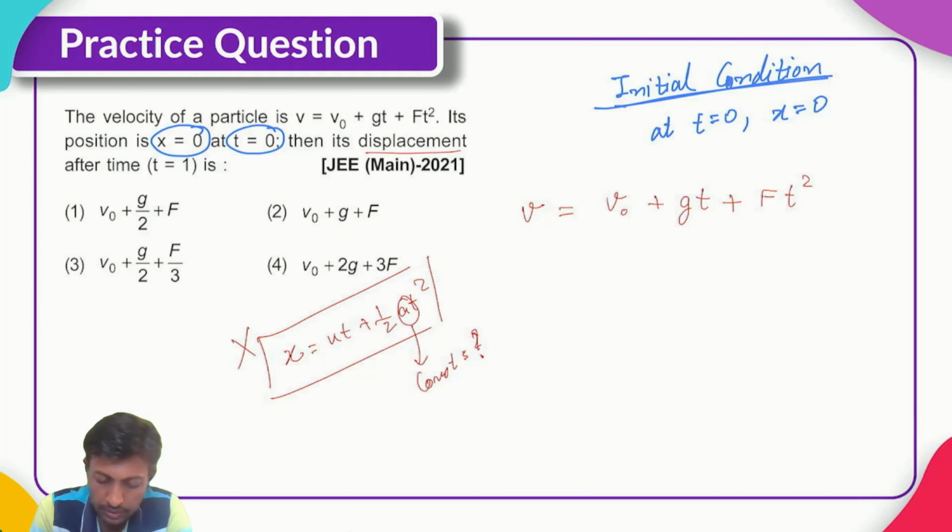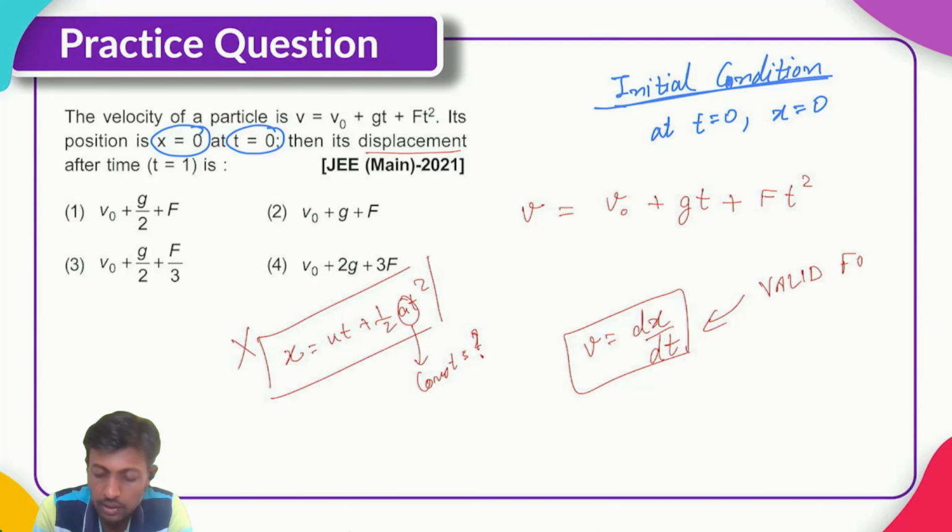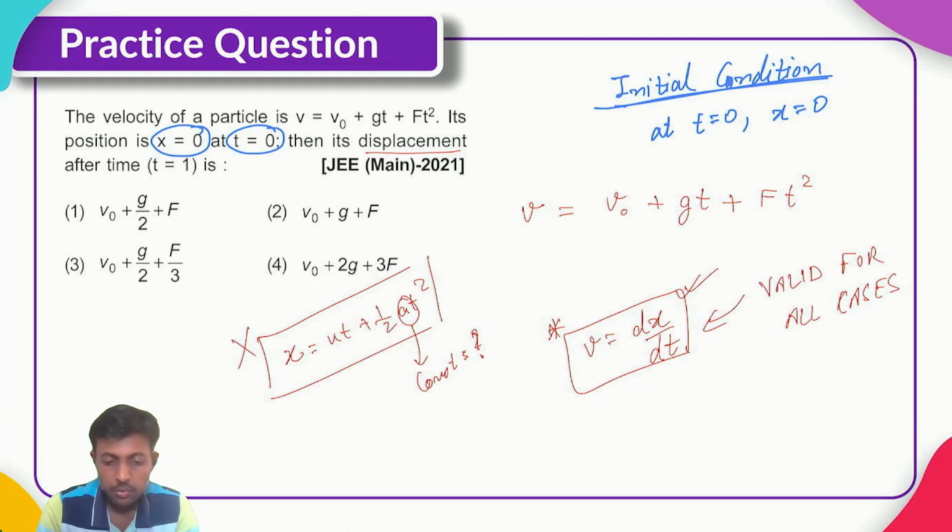Now remember the relation v equals dx by dt. This is valid for all cases. Acceleration variable or constant does not matter. This relation is valid for all the cases. So we're going to use this one. Let's do that now.